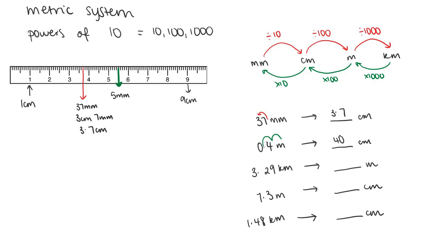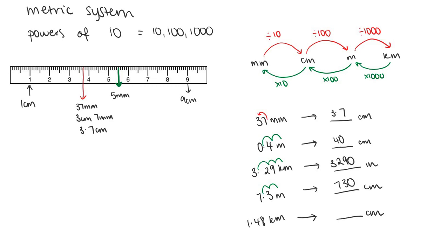Going from kilometres to metres, I'm going to once again take this point but move it 3 times because we have 1,000, and in that place, I'm going to put a 0. Going from metres to centimetres, same as we just did before, we move that over, and that will give me 730 centimetres.